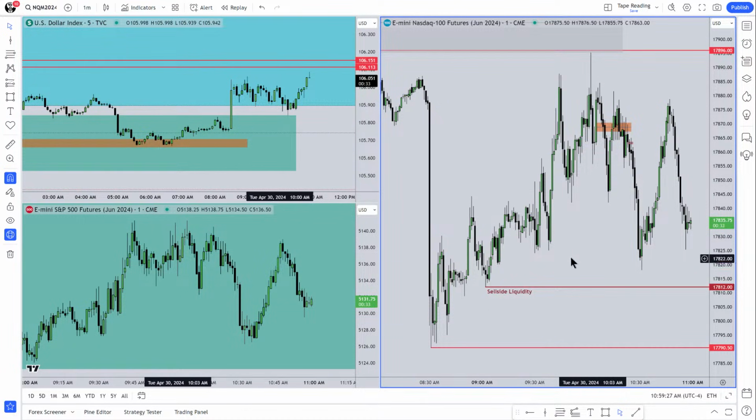That's a nice run from that sell side being taken. And then to give all that back like that. That's what this whole week's going to be like.